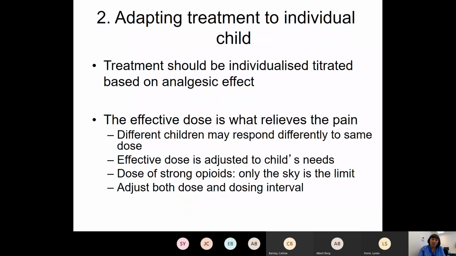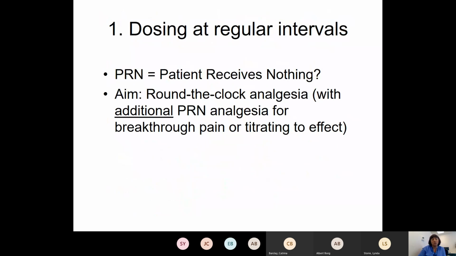So what was really quite interesting is everything she was being prescribed was on a PRN basis, which I always think is good to remember. If we're prescribing an analgesic, to think of, should this be regular or should this be as required?